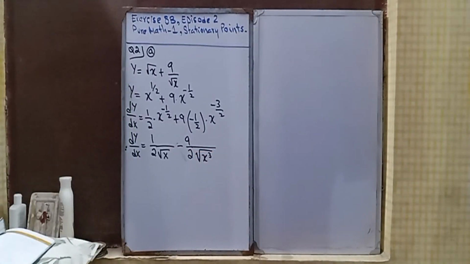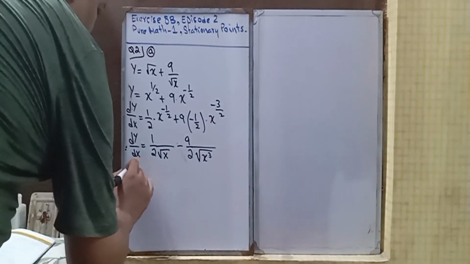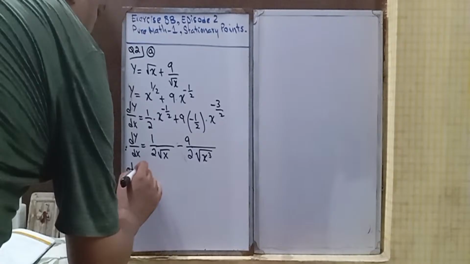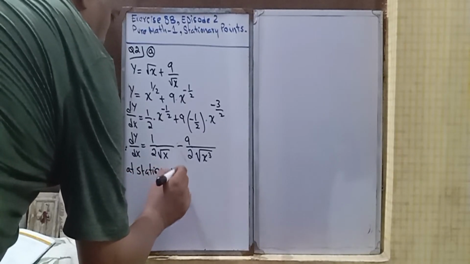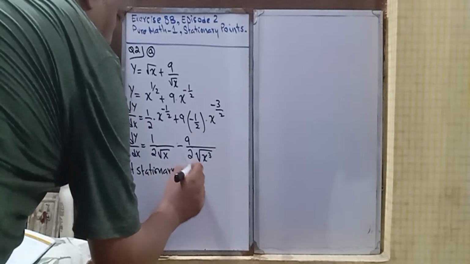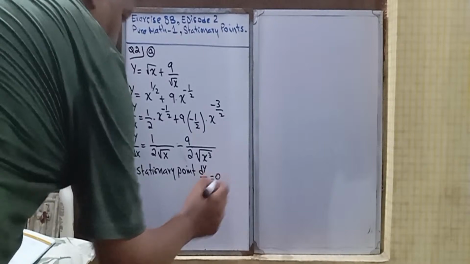Now we will make this derivative equal to 0 at the stationary point. So dy by dx is equal to 0.